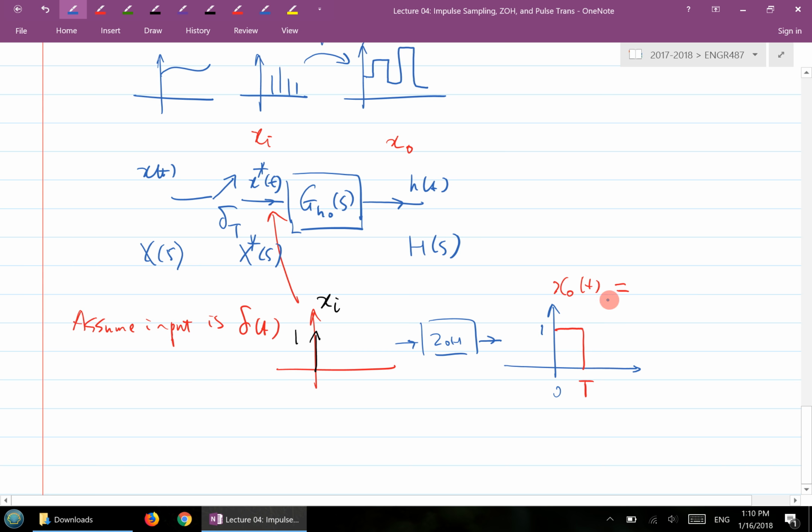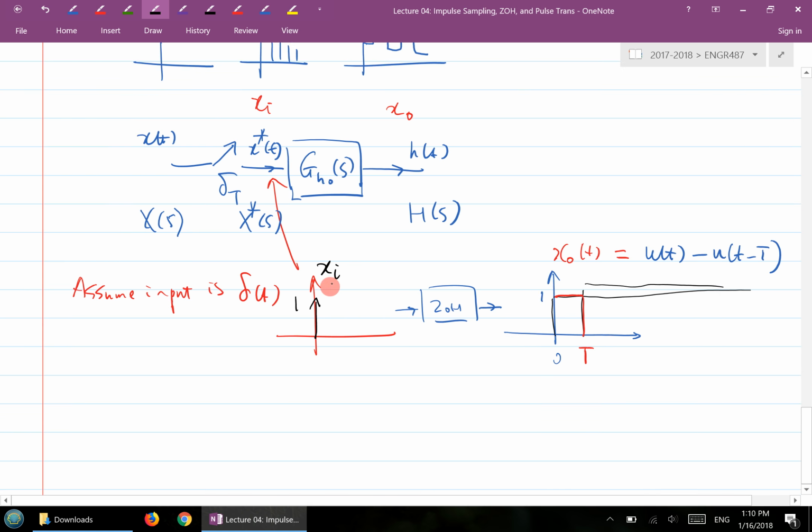I can rewrite this using the unit step signal: xo of t equals u of t minus u of t minus T. Here's your u of t, the unit step input. And u of t minus T is this. Use the first one minus the second one, and you're left with just this rectangle box. Now I have my input and my output for this zero order hold.